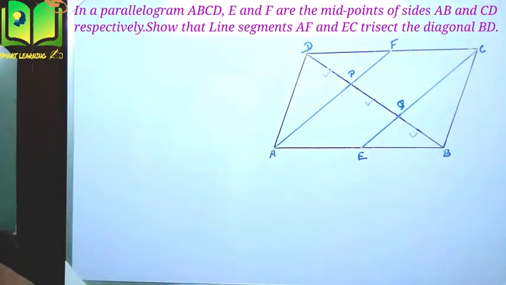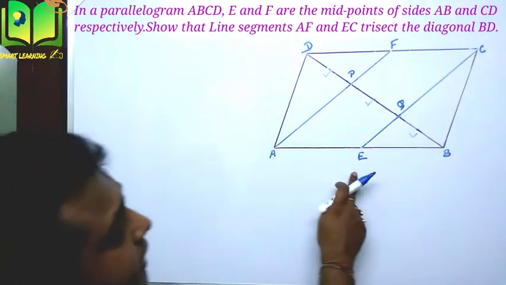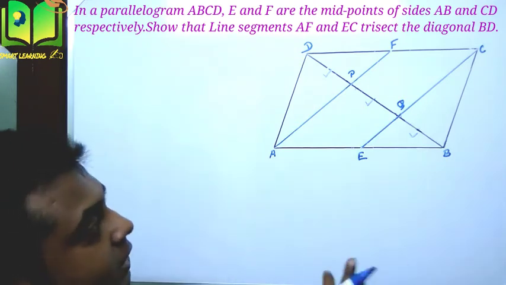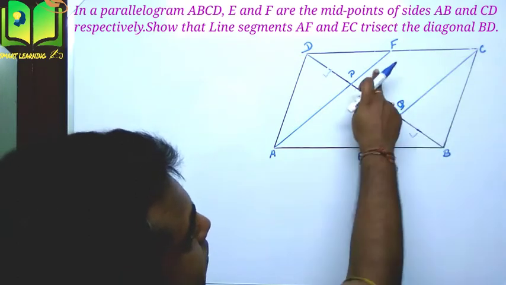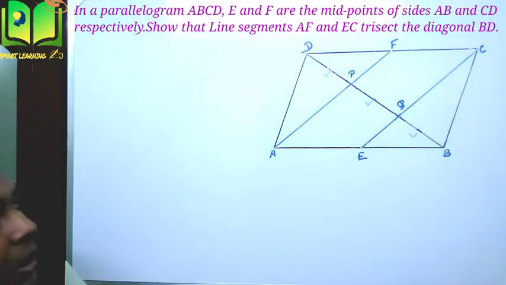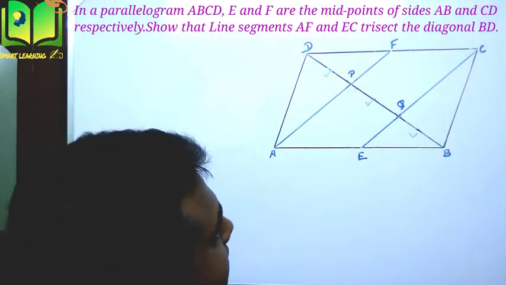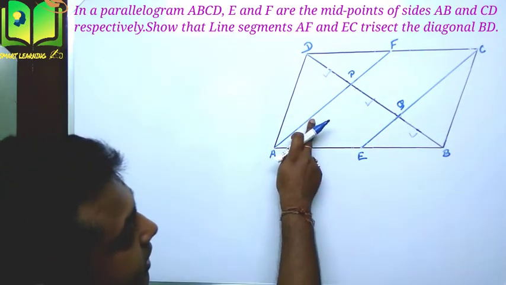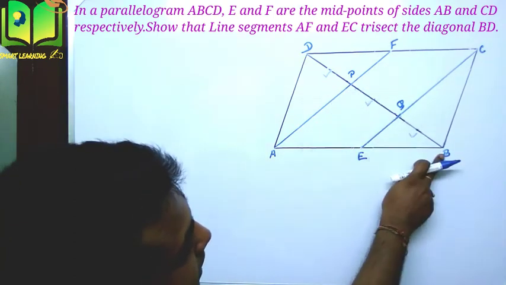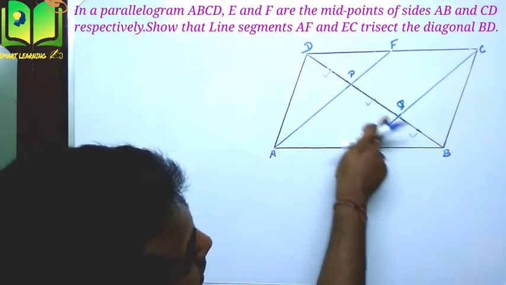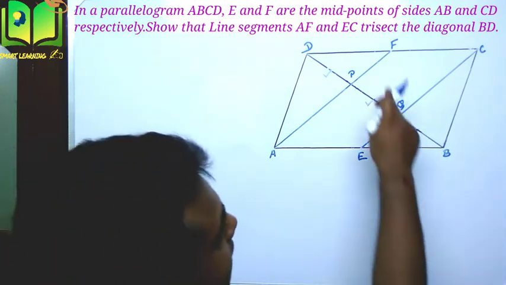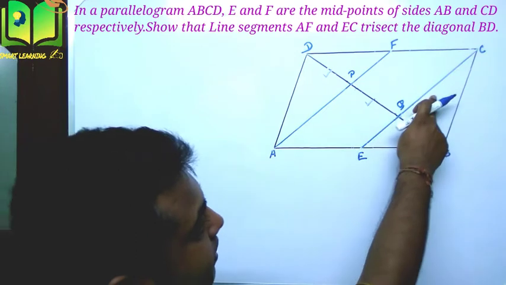First I will show here that AECF is a parallelogram. Why a parallelogram? If I can prove the figure is a parallelogram, then this line is parallel to this and this line is parallel to this. From this parallel property we can also prove that, as this one is parallel to this line and E is the midpoint, Q is the midpoint of PB, so QP equals QB. Now in the same way, this line is parallel to this.